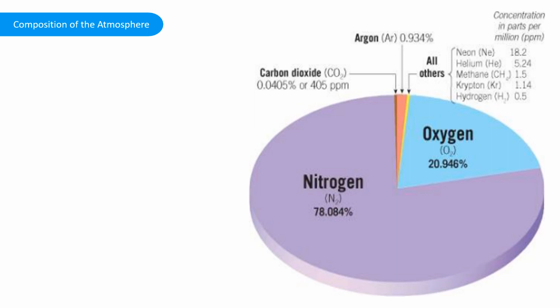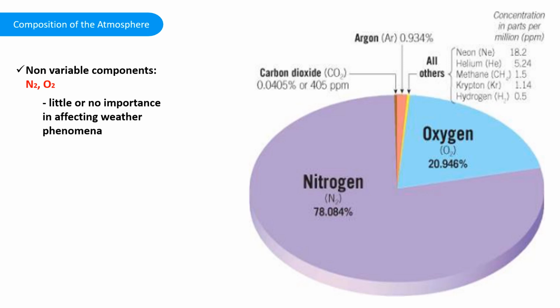These two gases, nitrogen and oxygen, make up about 99% of the volume of clean, dry air. These two gases are what we call the non-variable components, the permanent components, which are of little or no importance in affecting weather phenomena.